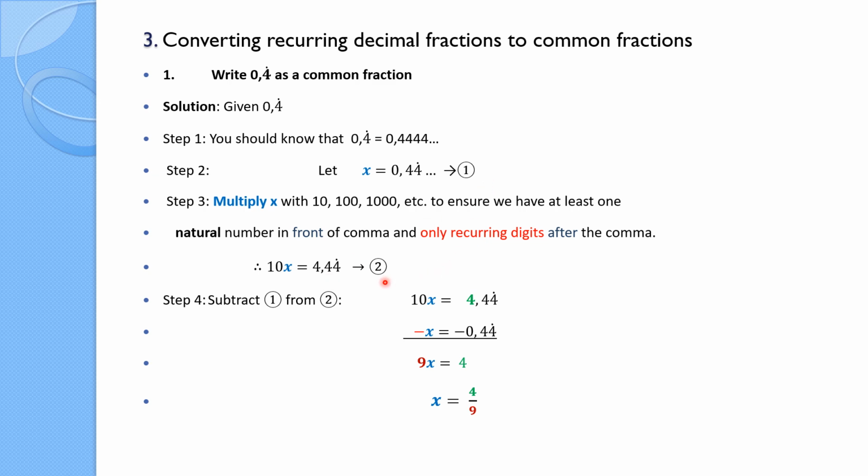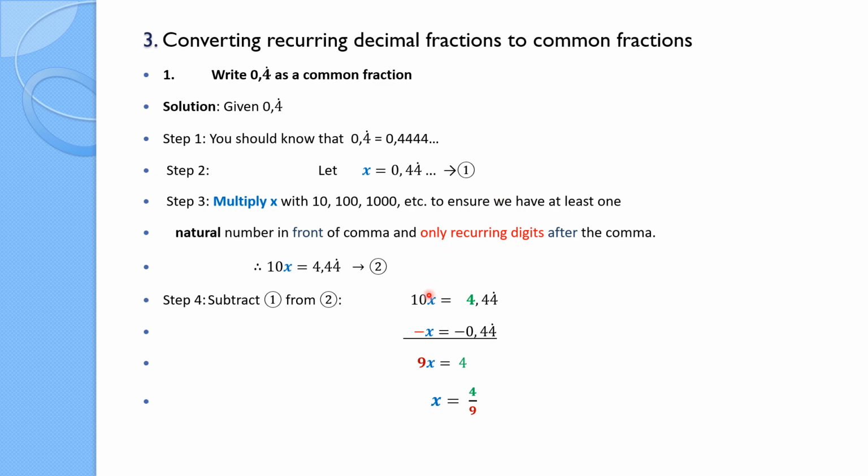Here's my equation 2. So 10x equal 4,44 recurring, negative x equal negative 0,44. That's my two equations.